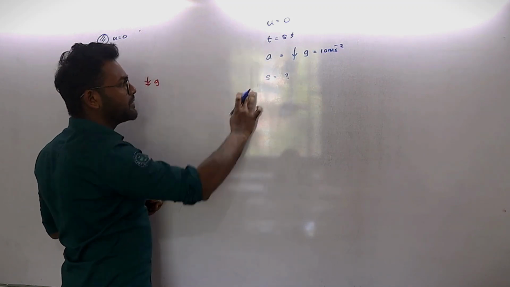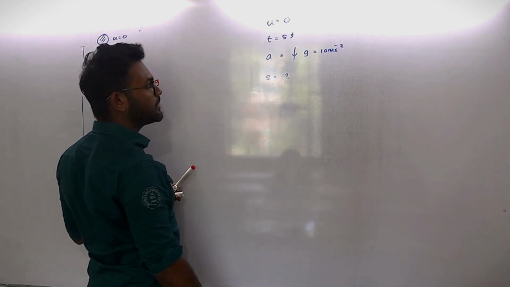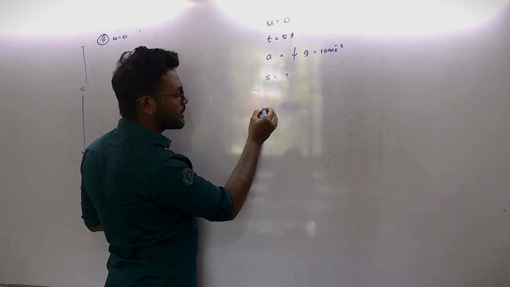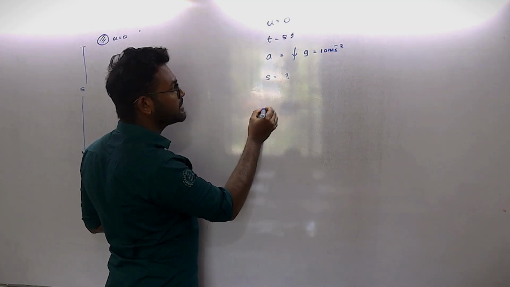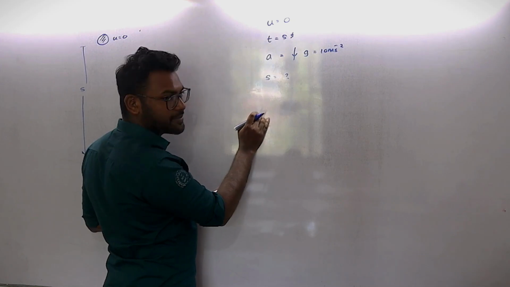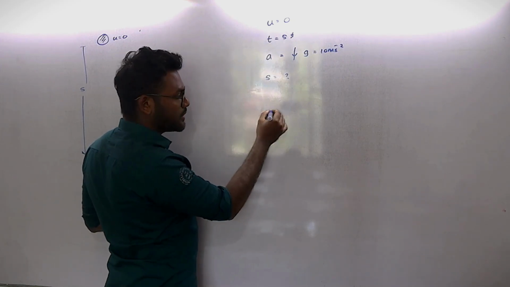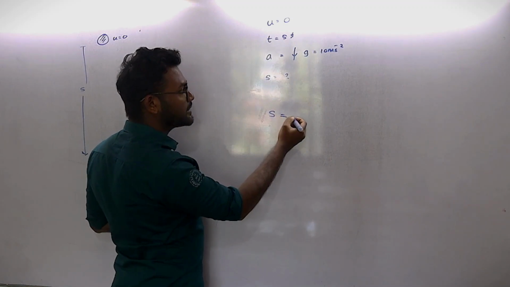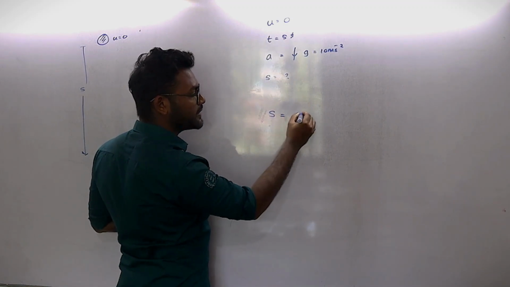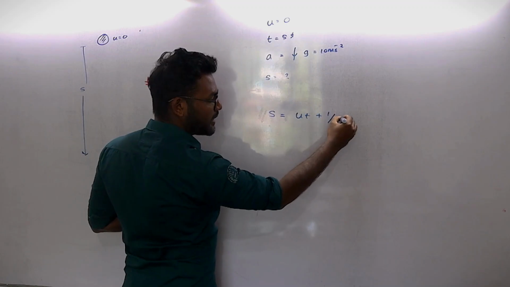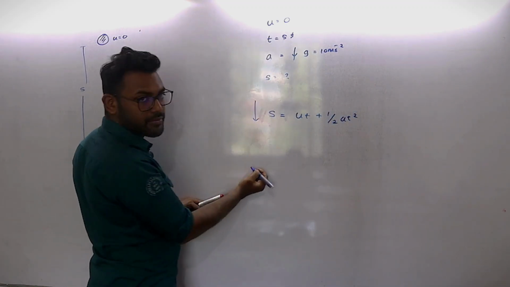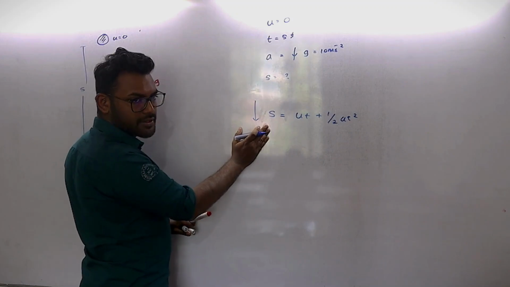Having these data known, what's the equation that we can put? Initial velocity, time, acceleration, and we need to find the displacement. The other equation involves a velocity, not the displacement. So I can put s equals ut plus half at squared, right? Downwards. Make sure you are applying it downwards.